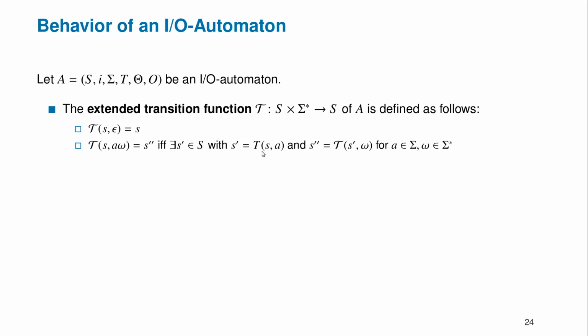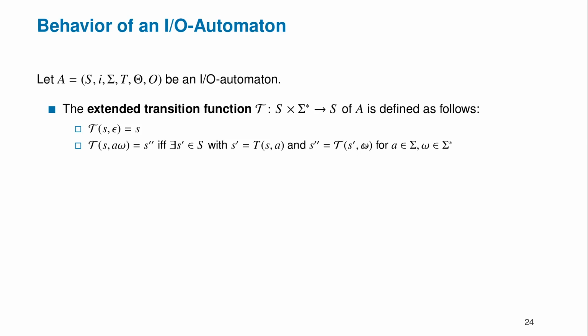And so if I can do this one step, then I say that S double prime is simply the extended transition function applied on S prime and omega. So we have done one step from S with an A to S prime, and respectively the second argument is also smaller, so we have just the omega and not the A included anymore.